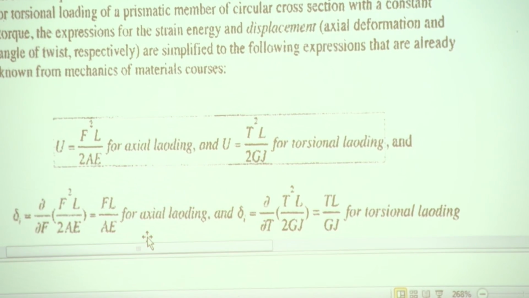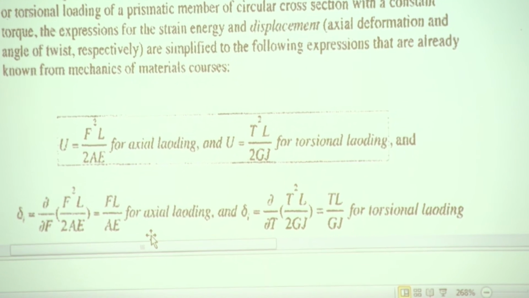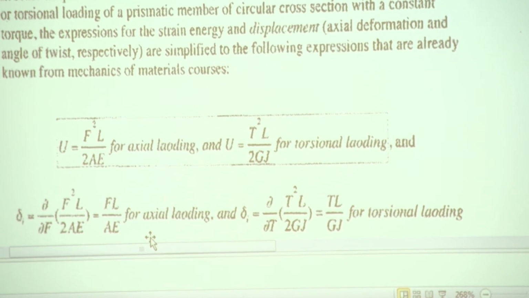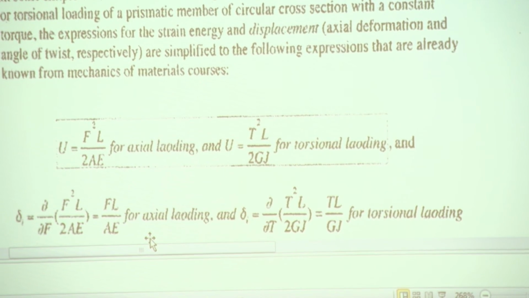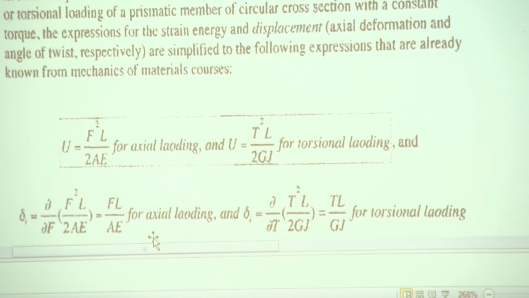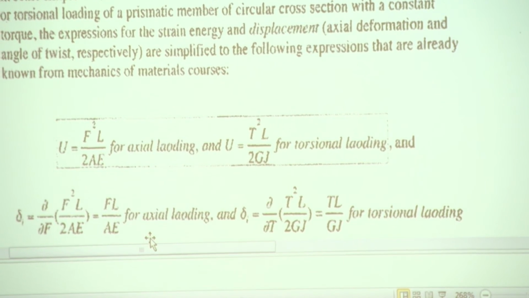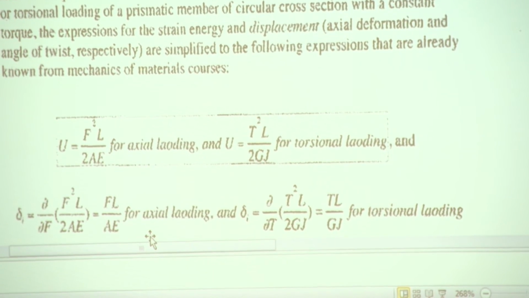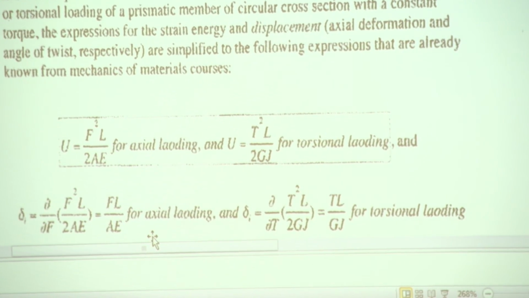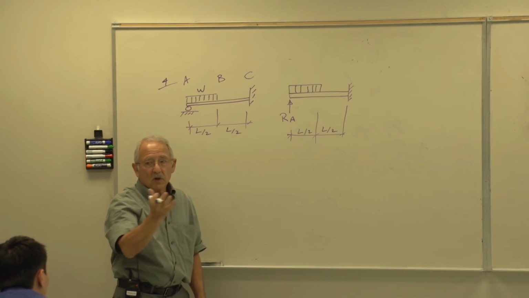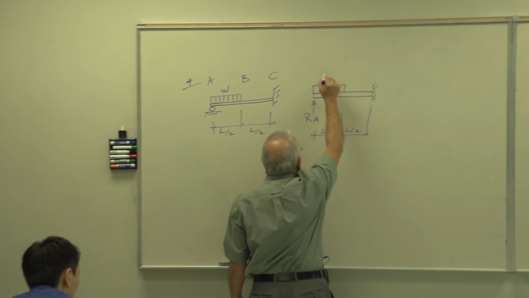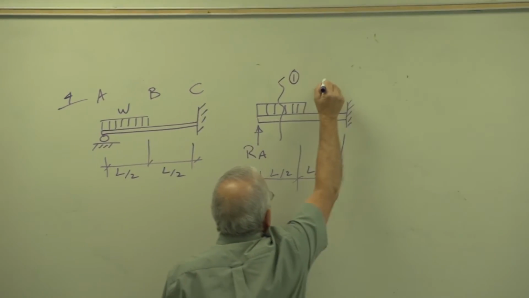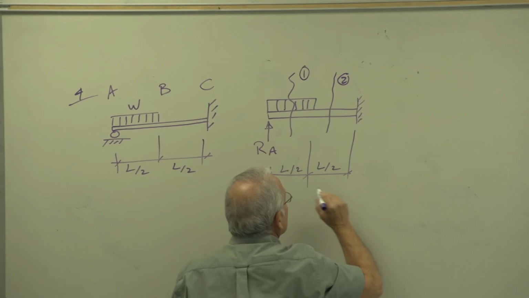As you can see, the only thing we're going to consider here is strain energy due to bending and not transverse shear. As I said before, you should neglect that unless specifically told not to. Clearly, the moment in this section and the moment in that section have two different functions. So we need to take two sections, one here, section 1, and another one here, section 2.